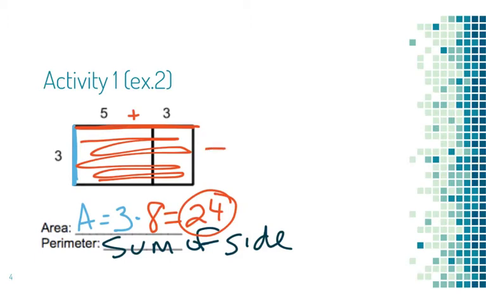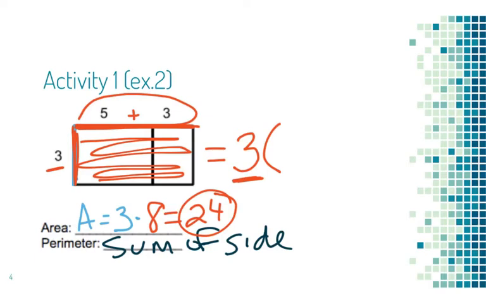I could also rewrite this, instead of saying 3 times 8, I could rewrite it as 3 parentheses and then whatever is on the top. So I have the first factor, which is this one side, and then the second factor, which I'm not going to write 8, which I could.